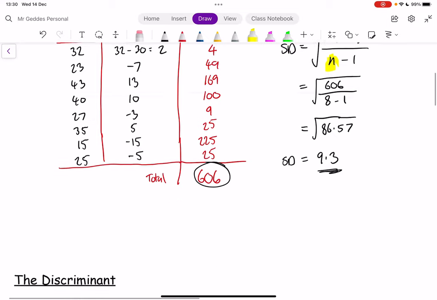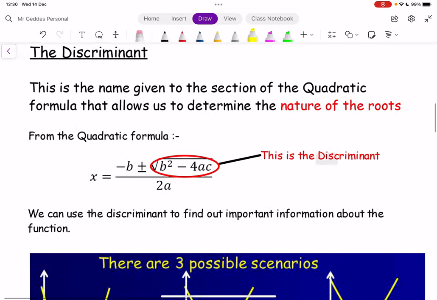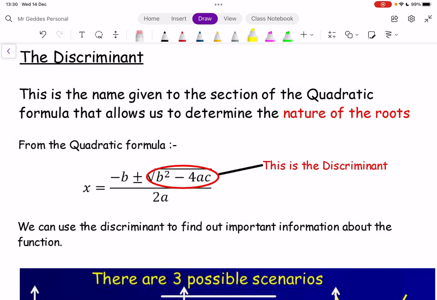We need to move on to this thing. This is why I am recording this just now, right? I need you, unfortunately, to take a bunch of notes here, okay? I need you to copy that down. It's called the discriminant. Oh, yeah.